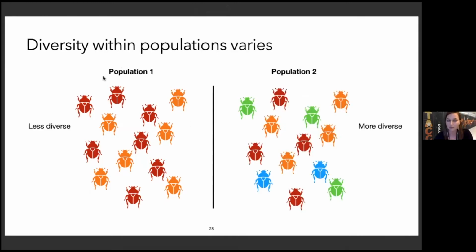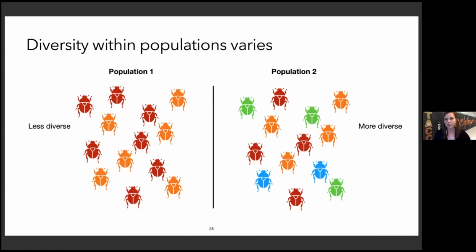We still have our population 1 with these red and orange beetles, but we might also imagine a population that has green and blue beetles. These populations have the same number of individuals, but population 2 is more diverse than population 1, right? There's a lot more differences here than you have in population 1.